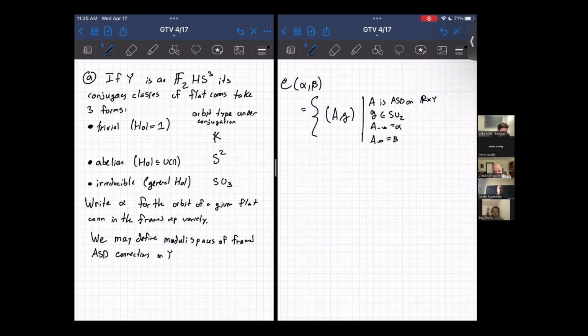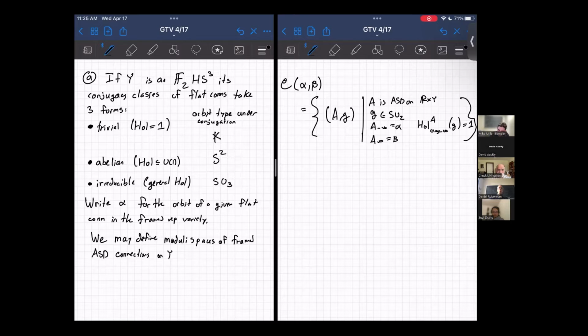Lastly, I want to demand that the holonomy of the parallel transport of G as I take it from 0 to minus infinity is 1.